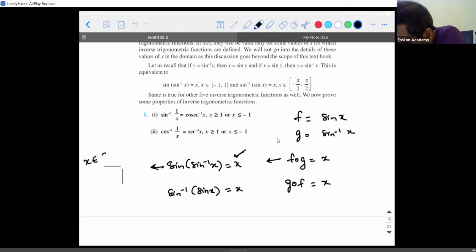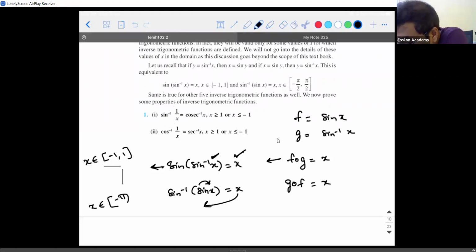X belongs to minus 1 to 1. Sine inverse will enter a value, y will be an angle. Here x belongs to sine, so you will substitute an angle.